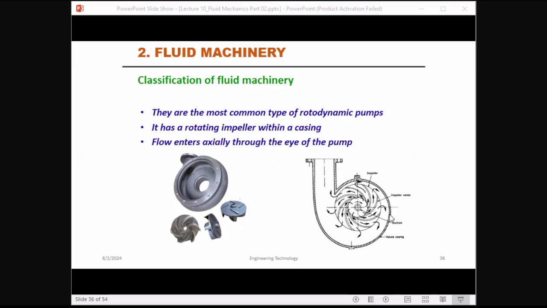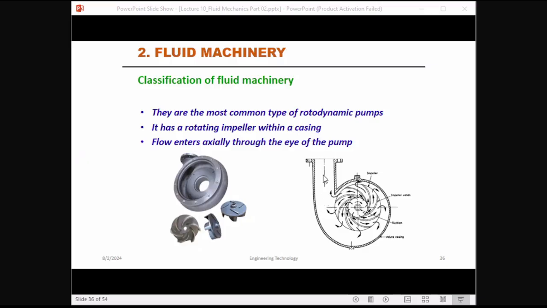This side we can say is the suction side, and this side is the discharge side, according to this diagram.